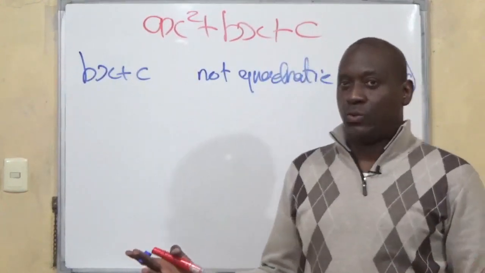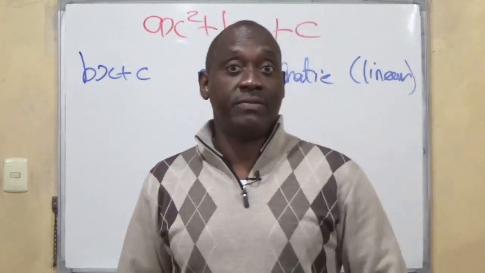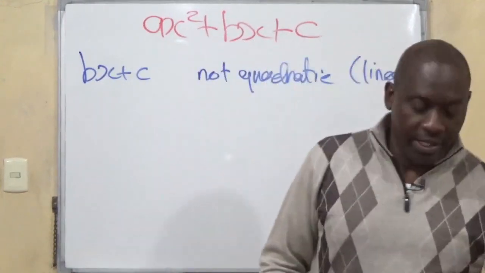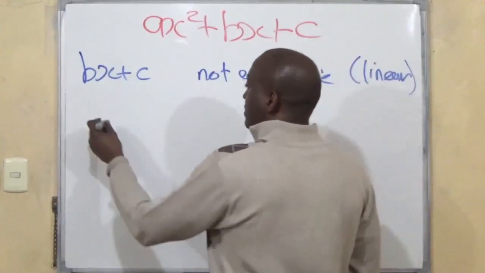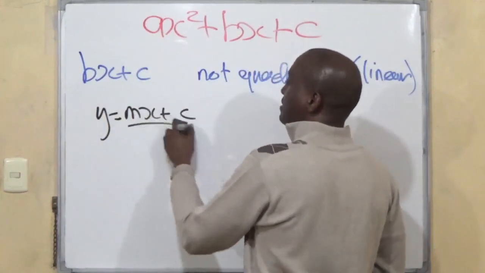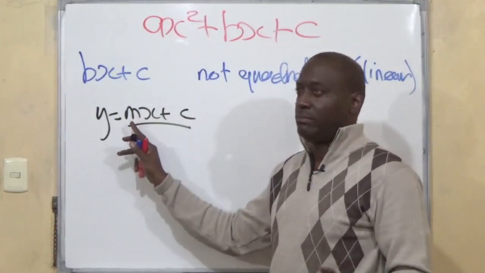For those of us who recall the general equation of a straight line, y is equal to mx plus c, right? y is equal to mx plus c. The mx plus c is the same thing as bx plus c. We just use m here and b here.